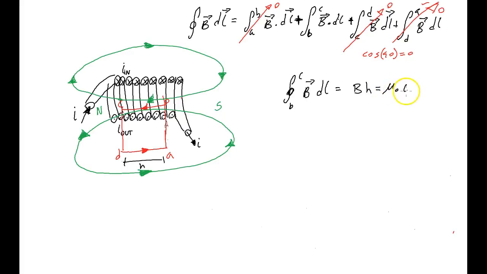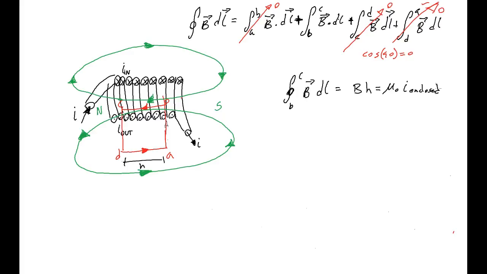Okay. If our current into this coil is I, what is I enclosed? How much current is actually passing through the area enclosed by our Amperian loop? Any idea?